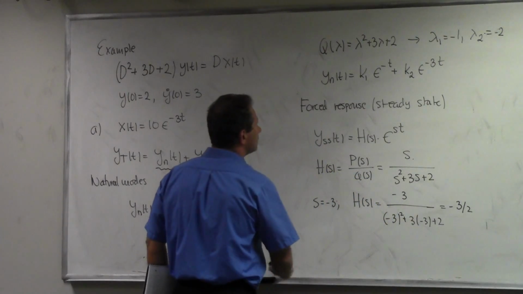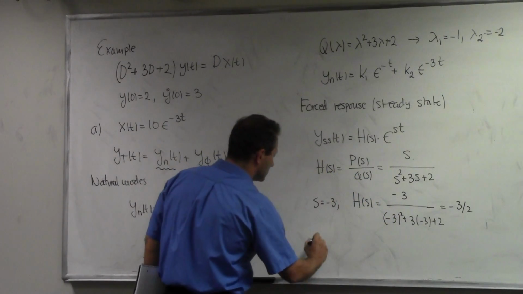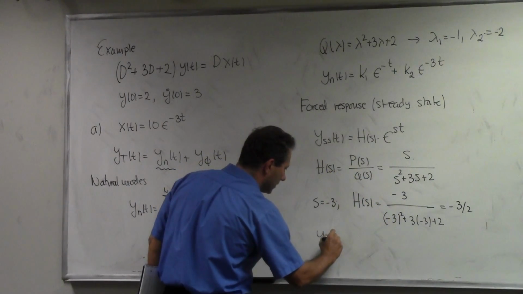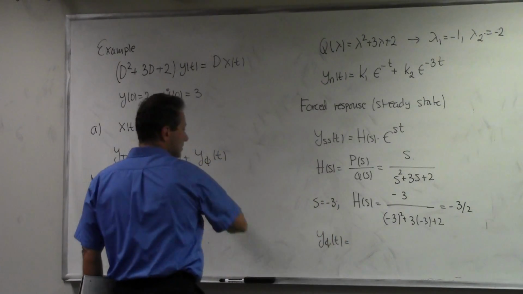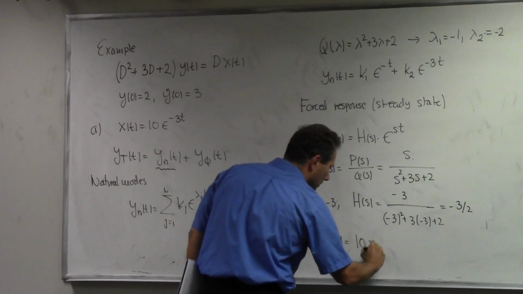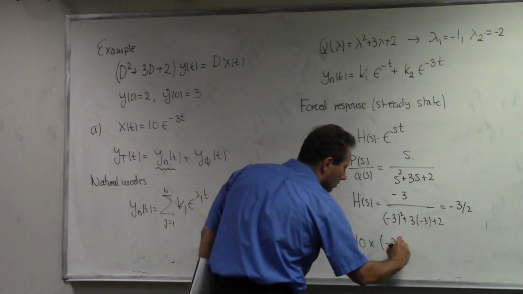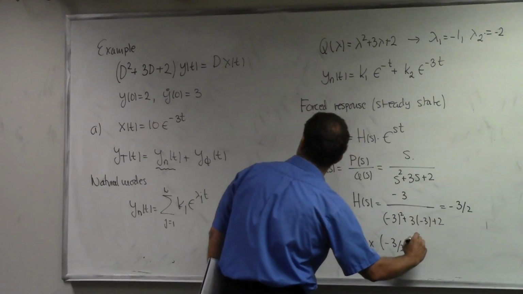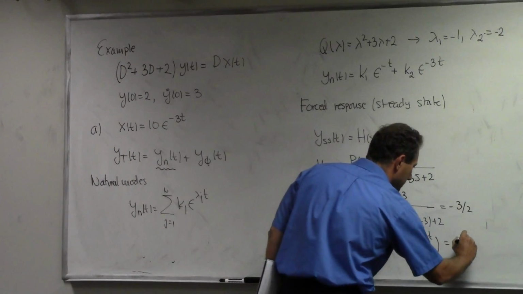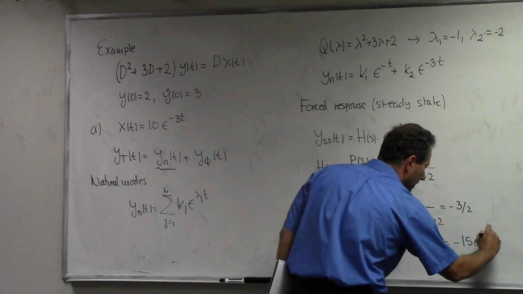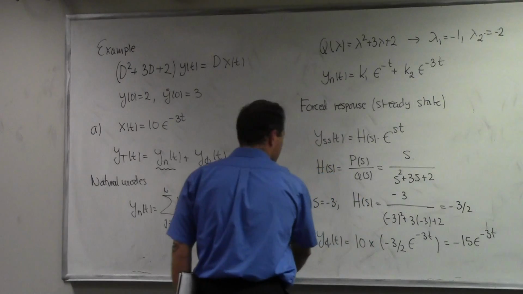So our forced, or steady state, response y_f of t is going to be 10 times minus 3 over 2 e to the minus 3t. So this becomes minus 15 e to the minus 3t.